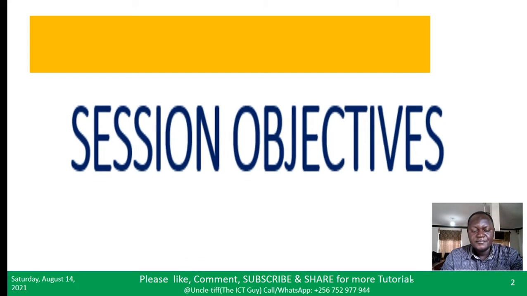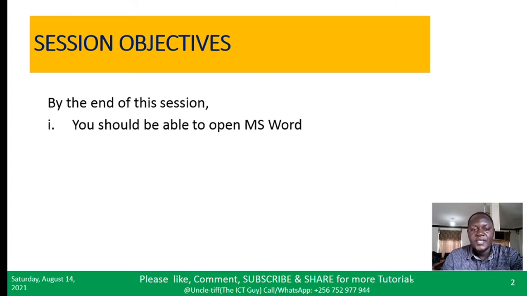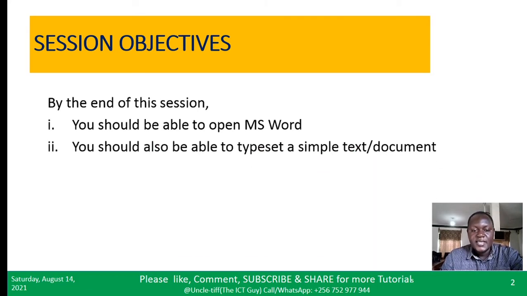In this session, what do we intend to achieve by the end of the day? So that's why I've included some of these objectives. By the end of this session, you should be able to open MS Word. Then you'll also be able to typeset a simple text or document.